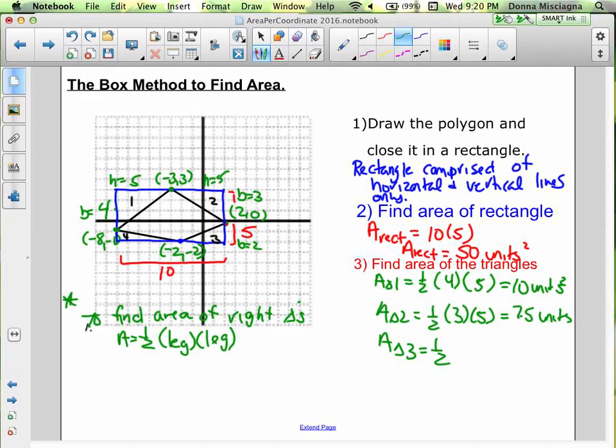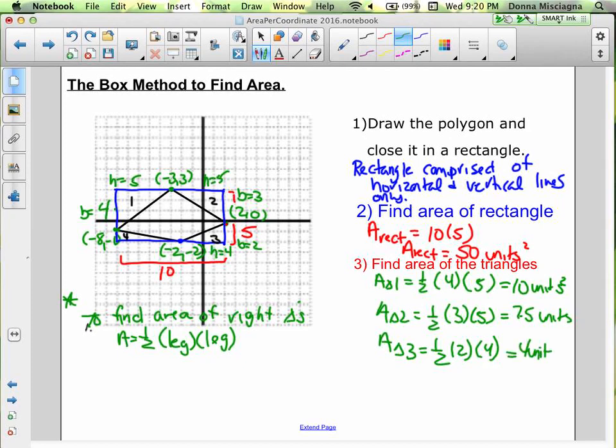Yeah, so the height of that triangle is 4. So the area of triangle 3 is 1/2 times 2 times 4. Half of 2 is 1. 1 times 4 is 4 units squared.